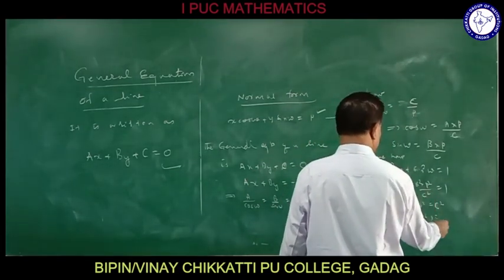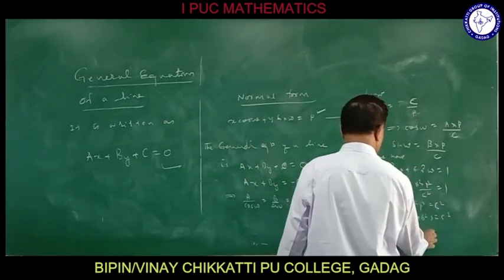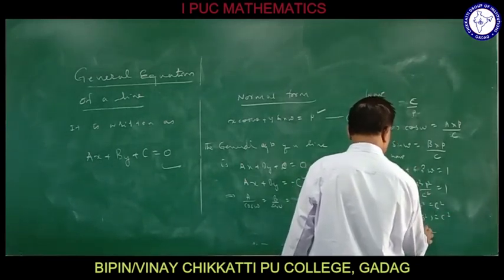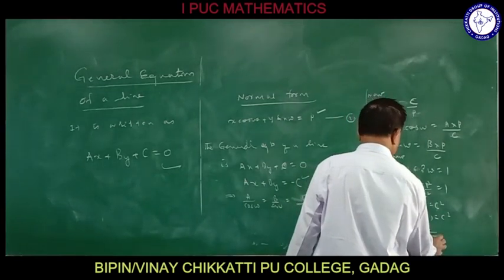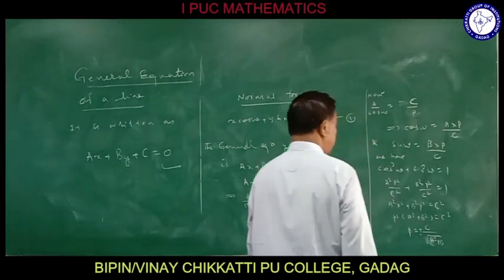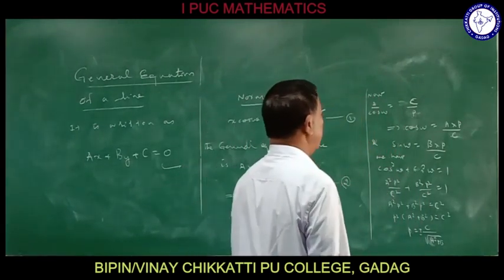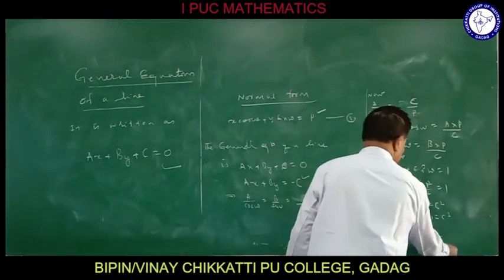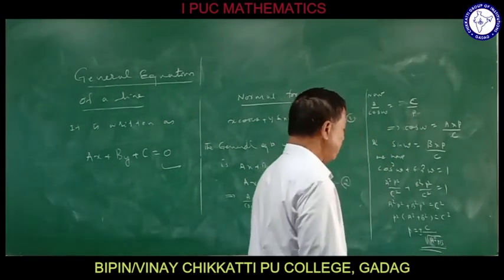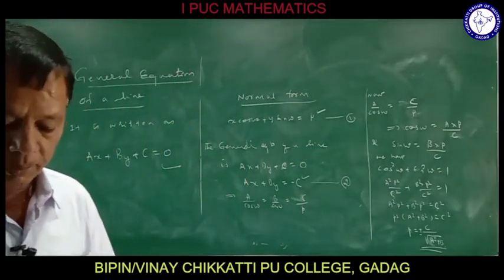Now you see that basically p is equal to c divided by the square root of a square plus b square. Now you can see the value of a and b, and accordingly the p value is plus or minus c divided by the square root of a square plus b square.